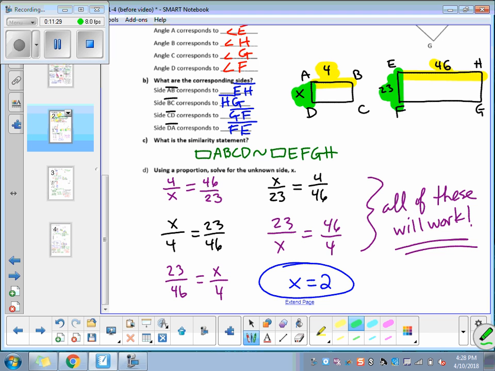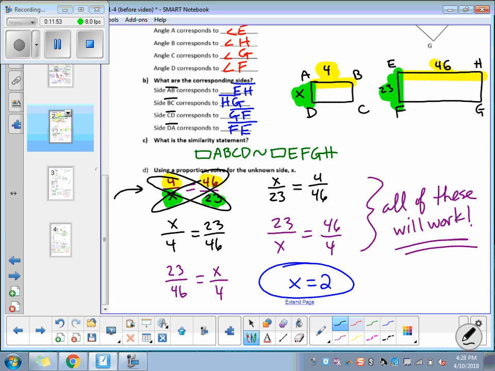Okay? So what we're saying in this first example is that you can take the 4 and say, okay, so the top 4 has a side of X. This top 46 matches with the 4, and this 23 matched with the X. And all you have left to do is to cross multiply and divide.